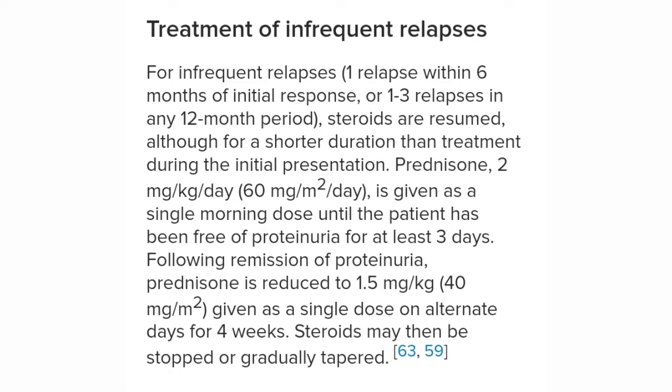If you get a single relapse in the first 6 months of treatment, or 1 to 3 relapses in any 12-month period, then we label him as an infrequent relapser.